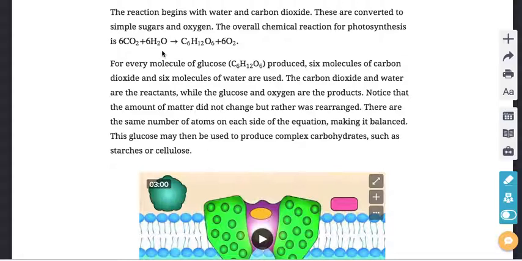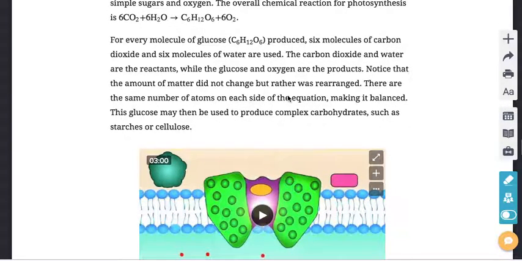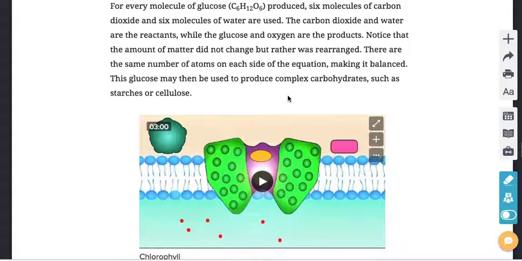If you added these all up on both sides, they would have the same number of carbons, the same number of hydrogens, and the same number of oxygens on both sides. That's because the reactants and the products are always equal, by the law of conservation of mass, so nothing is lost there.